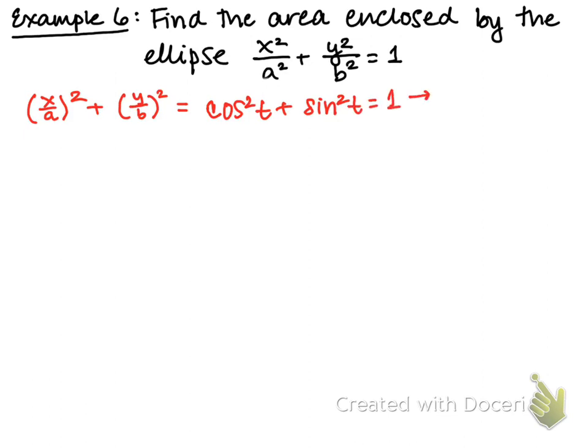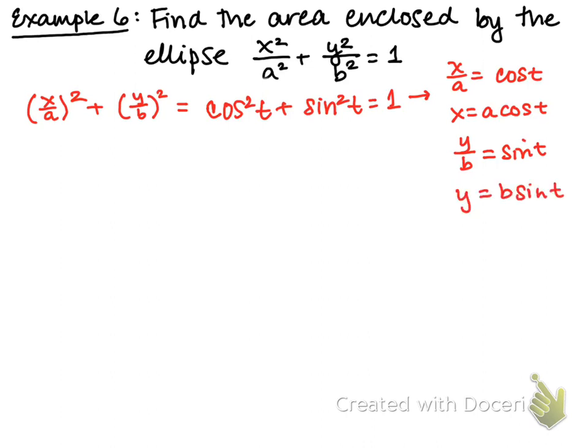So that tells me that I'm going to let x over a equal cosine t, or x equal a cosine t, and y over b equals sine t, or y equal b sine t.